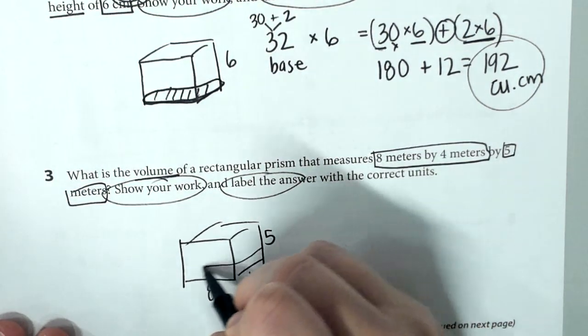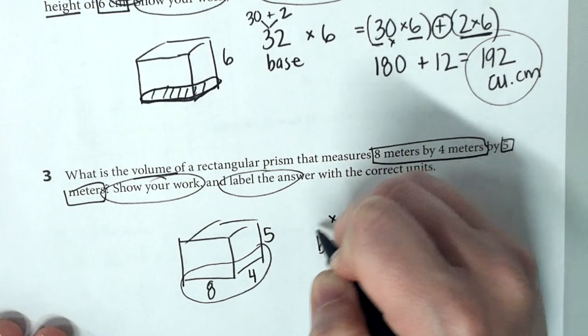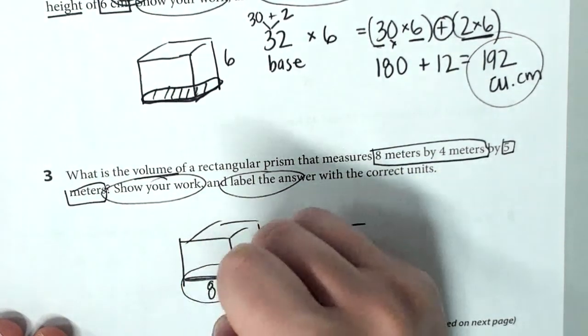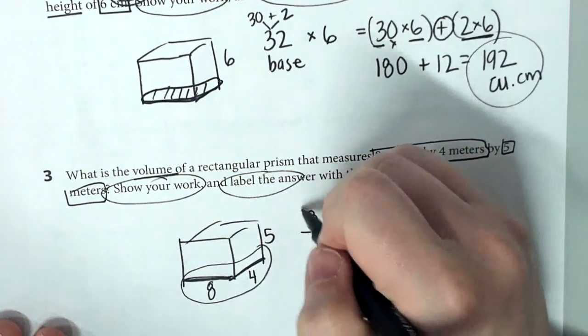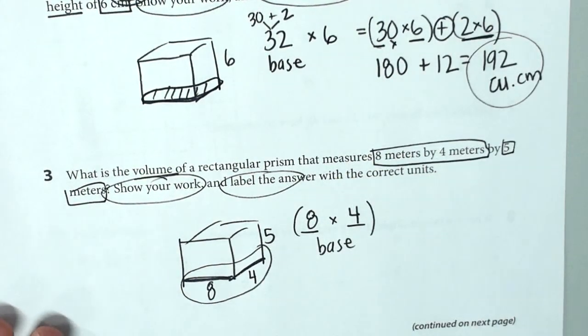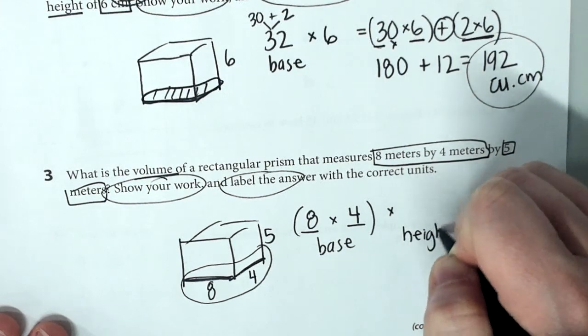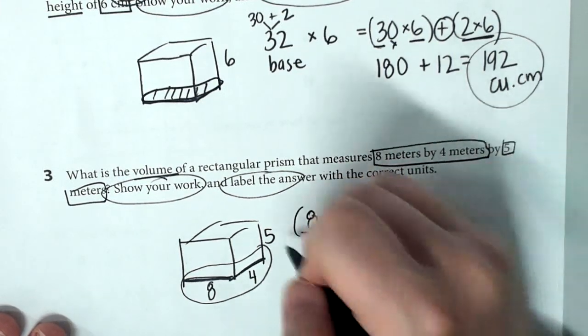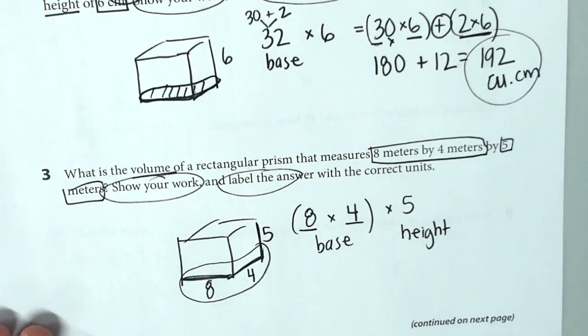Let's solve my base first. My base is this one times this one. 8 times 4. Put it in parentheses. Then I need to figure out my height, or how tall it is, how many layers. My height is 5.